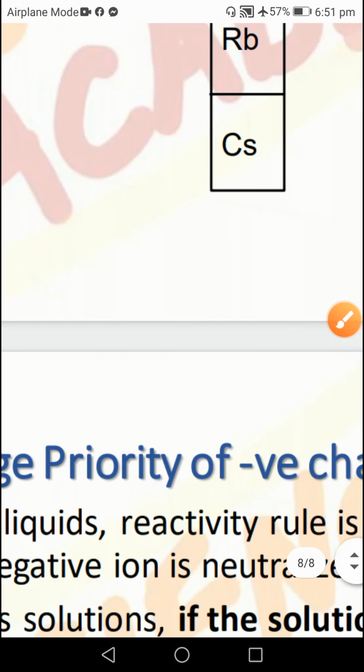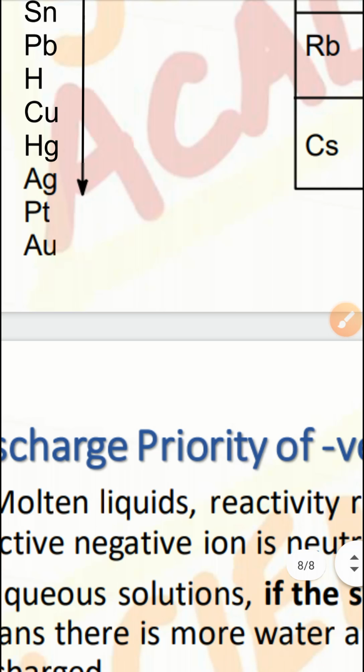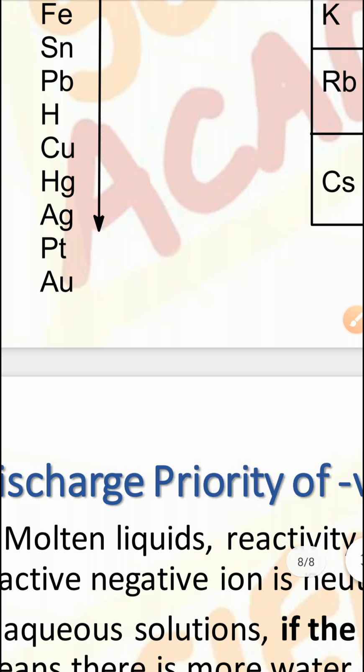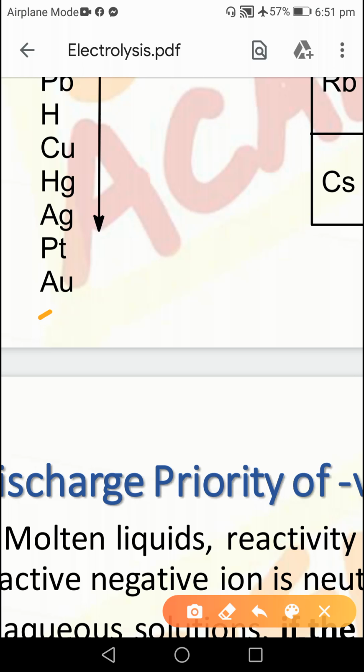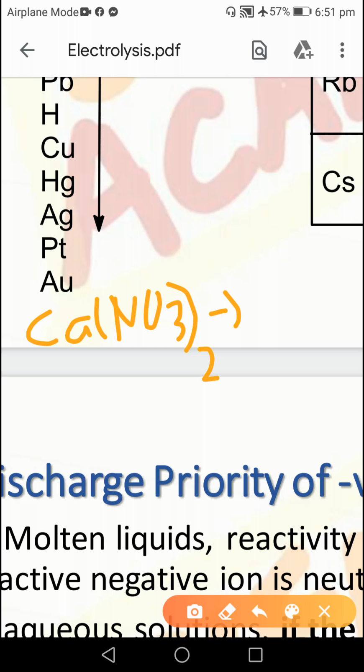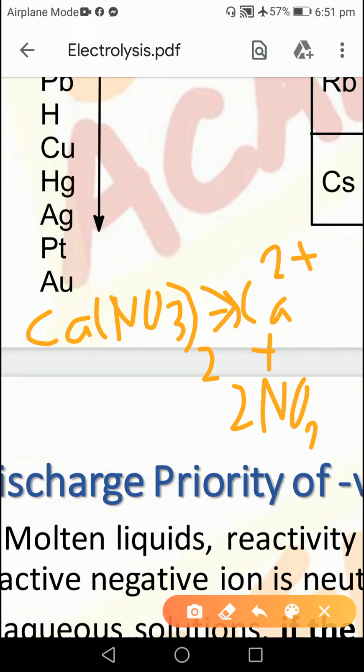Let me give an example. For example, you are dissolving calcium nitrate in water. Calcium nitrate will get dissolved into calcium ions and nitrate ions, two nitrate ions, because there were two nitrates.